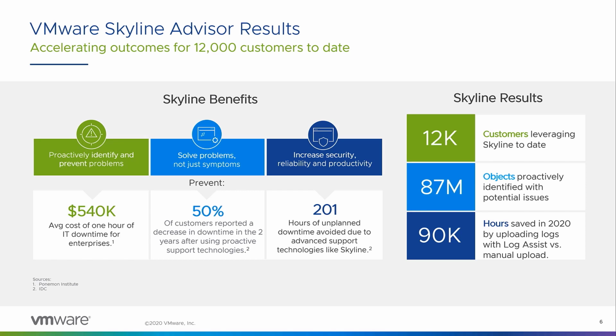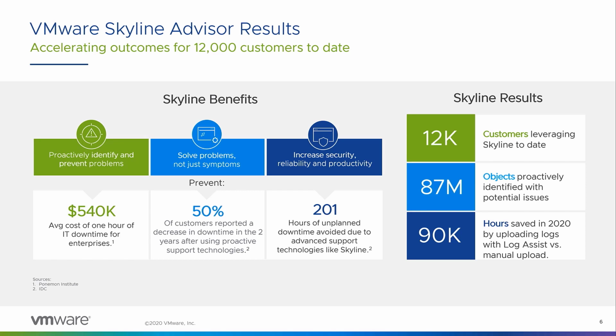And to date, Skyline Advisor Pro has helped over 12,000 plus customers identify nearly 90 million objects in their environments with potential issues, and our customers have proactively resolved more than 60% of them on their own.